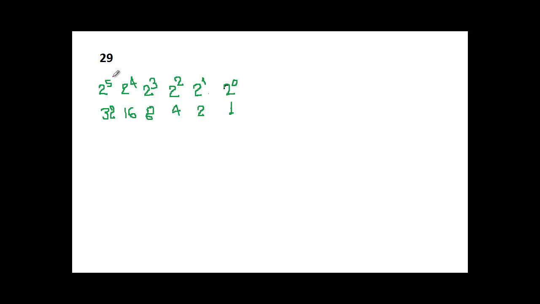Here I stop writing more place values because clearly this place has no use for our purpose. Why? Because 29 is less than 32, and if I place 1 here, suppose my binary number is 1 0 0 0 0 0, then this 1 multiplied by 32 will be 32.